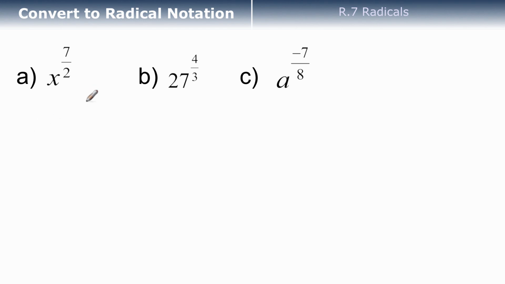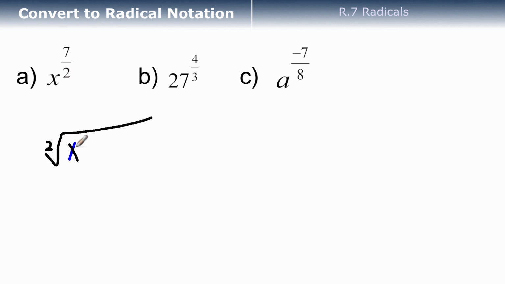So if I have x to the 7/2 and I wanted to convert that to a radical, I have to have a square root, and the bottom number becomes the index, which is a 2.